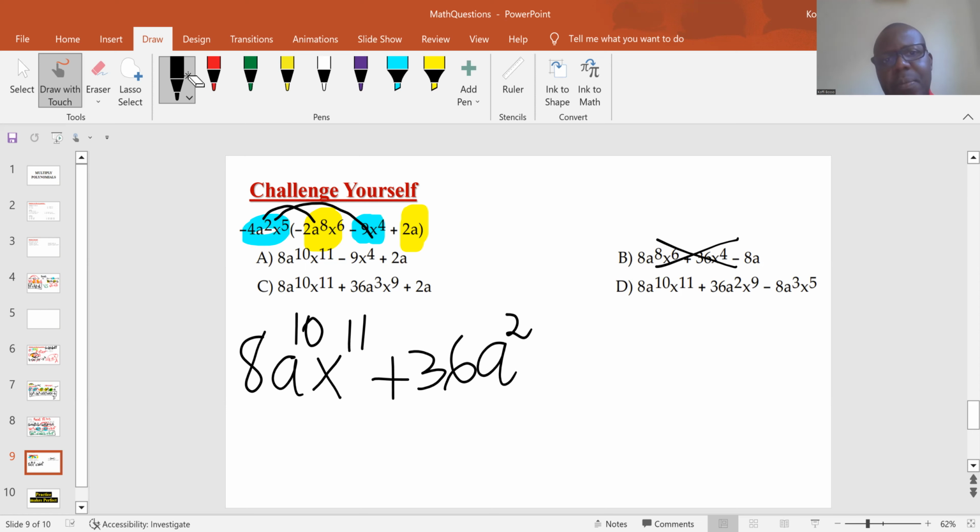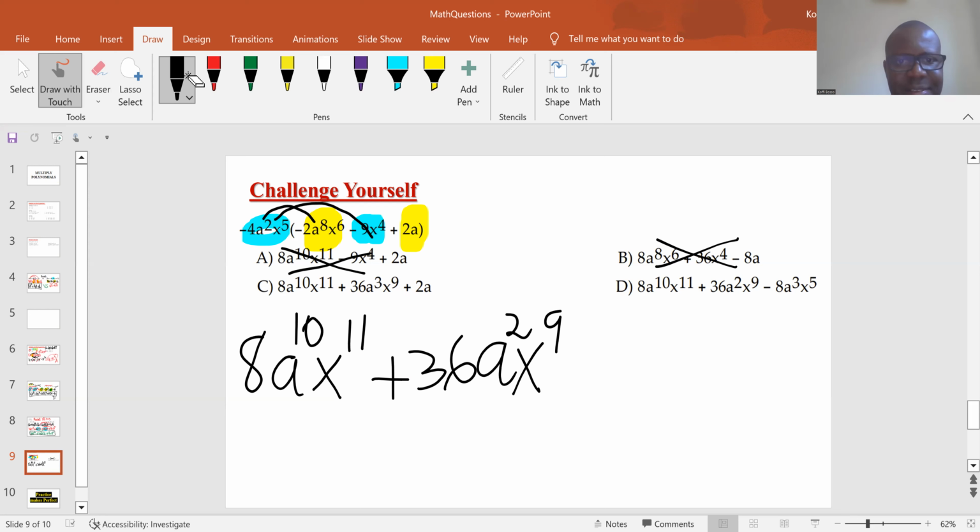But x to the 5th power multiplied by x to the 4th power, this gives you what? x to the 5 plus 4, which is x to the 9. Wow. So you see that the middle term here, we have 36a squared x to the 9. Choice A doesn't have it. So that means what? Also, this will be out.